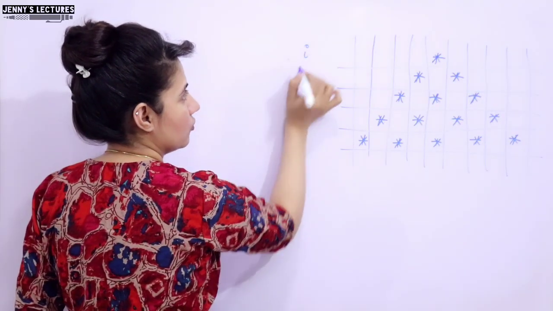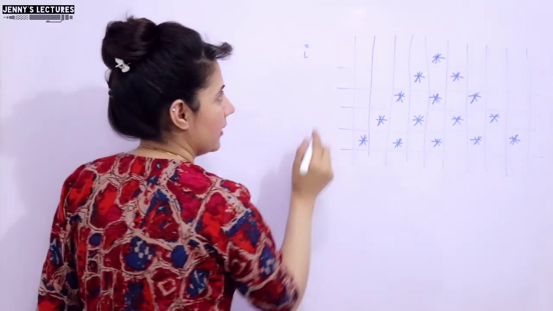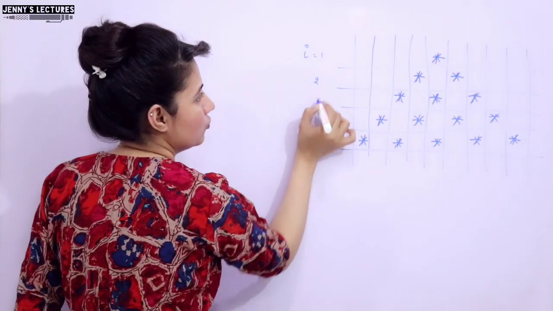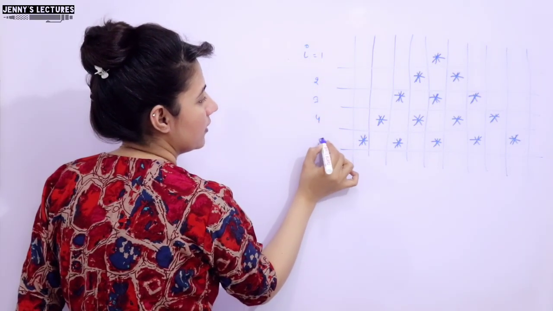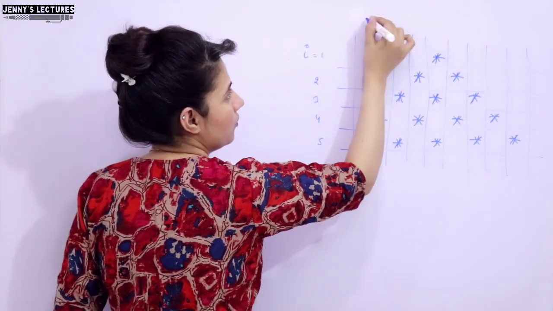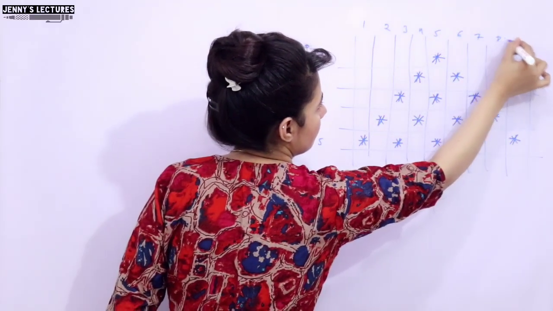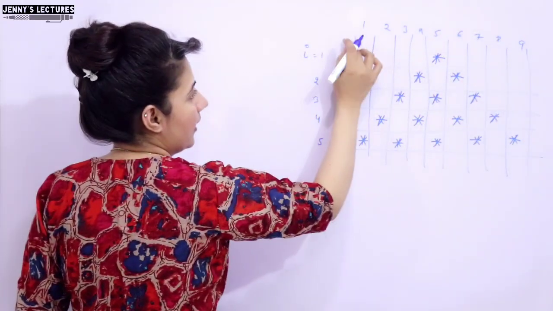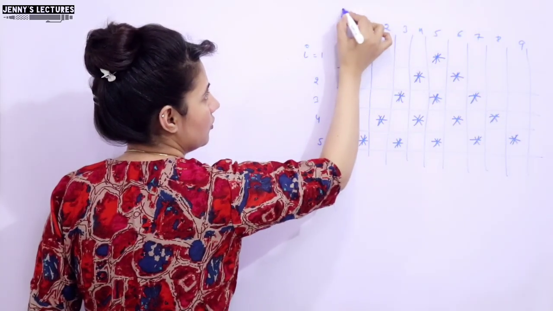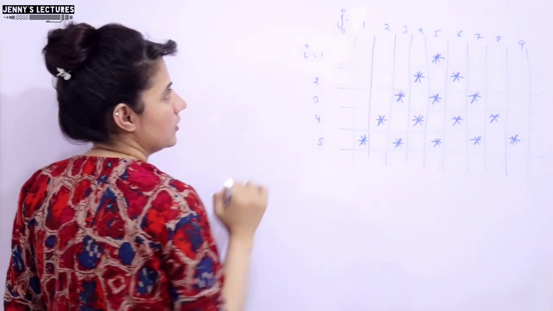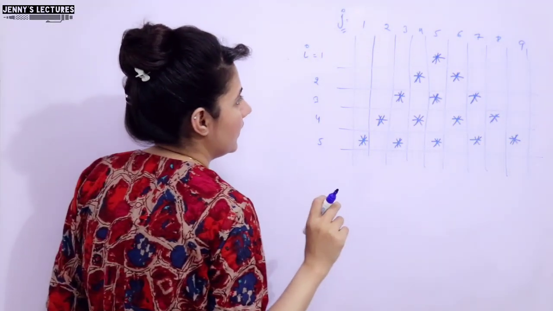That is the I loop. We will take the variable I. I is equal to 1, 2, 3, 4 and 5. Number of columns 1, 2, 3, up to 9, and for the columns the loop variable would be J.